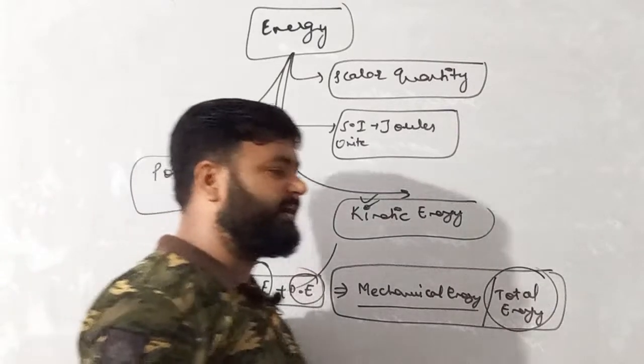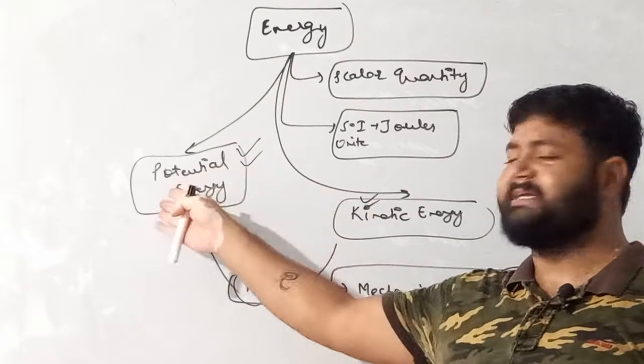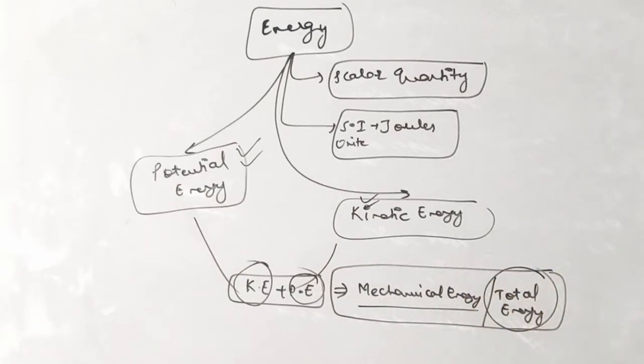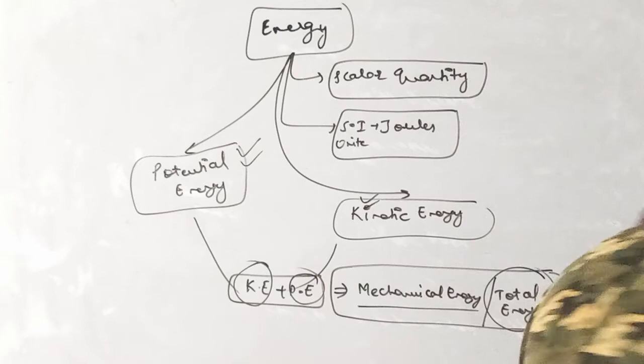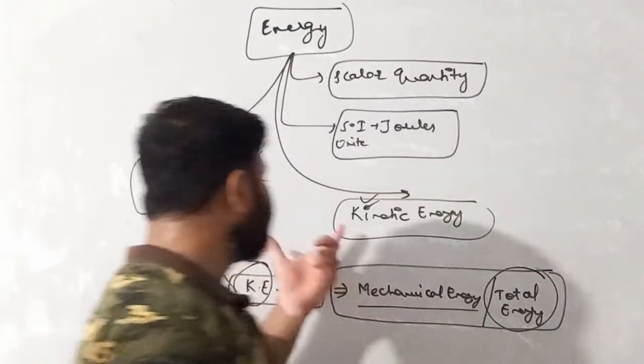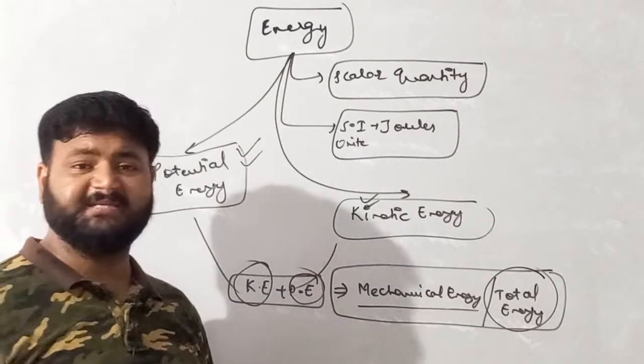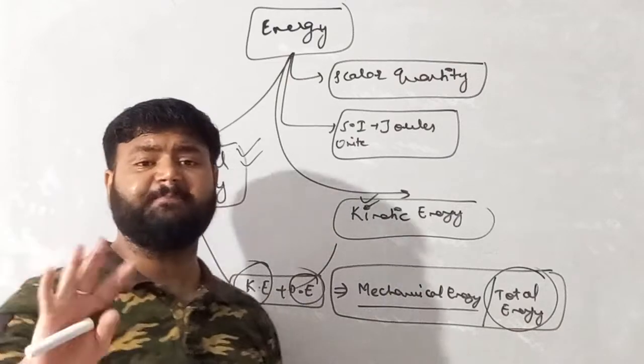So please write down, my dear students, energy is of two types. First is kinetic energy and second is potential energy. Now if we add both energies, kinetic energy plus potential energy, we get a new form of energy. But remember, this is not a type of energy.